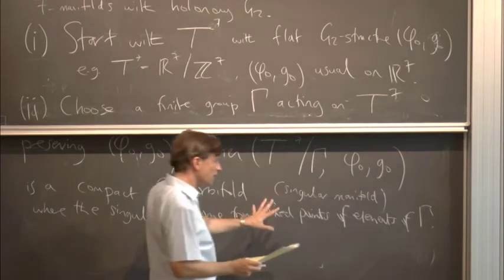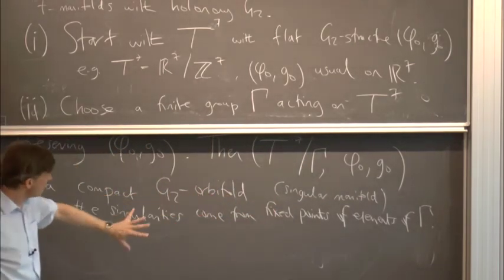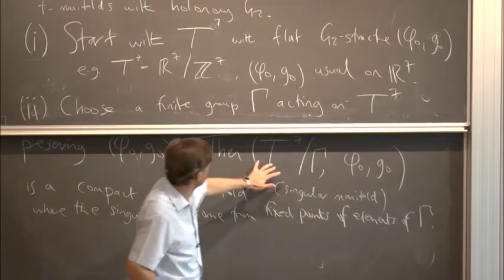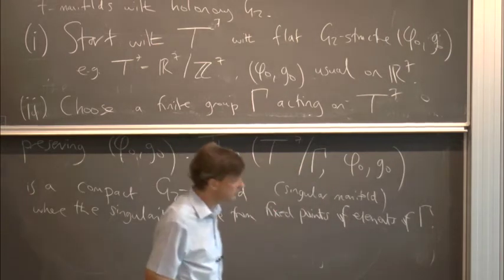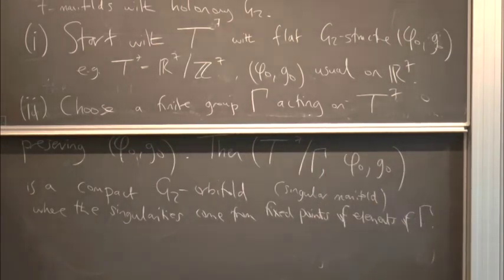So if you've got some non-identity element of gamma which fixes some point in T7, then the image in T7 mod gamma will be a singular point. Okay, so we're hoping to fix these singularities and make it non-singular.